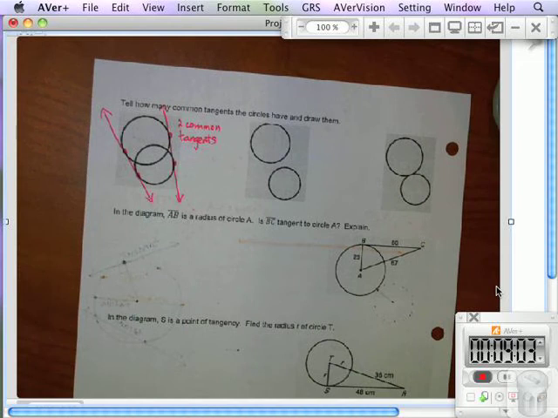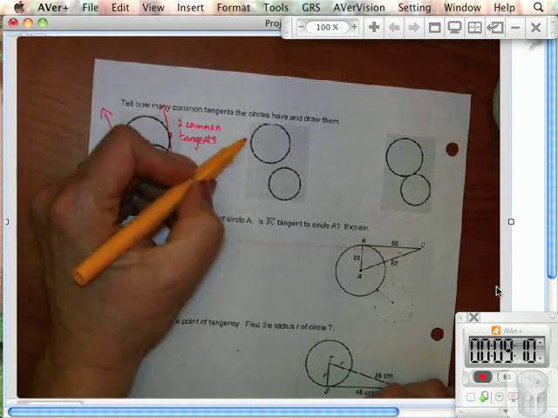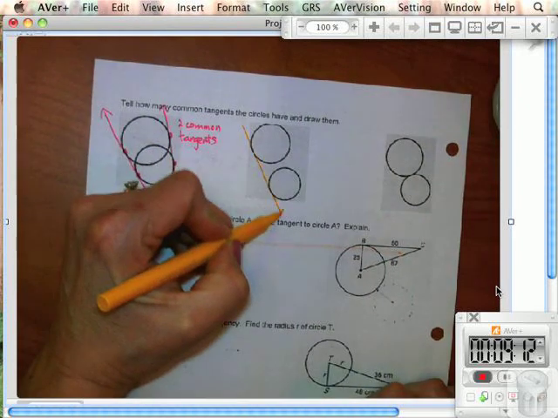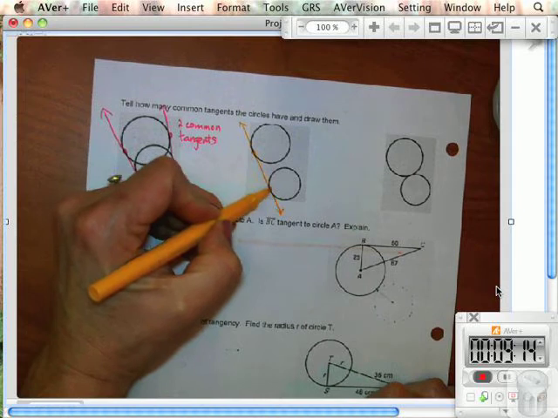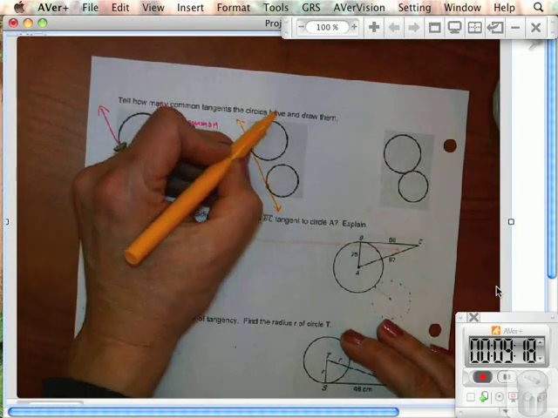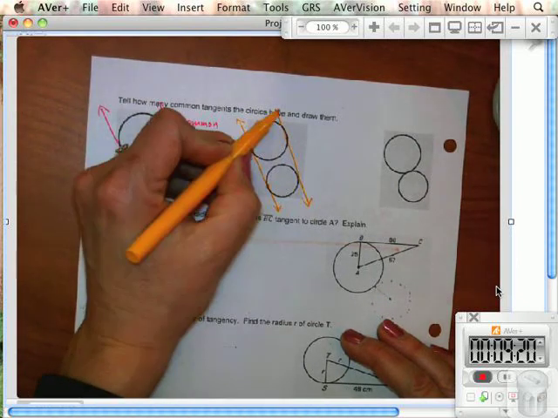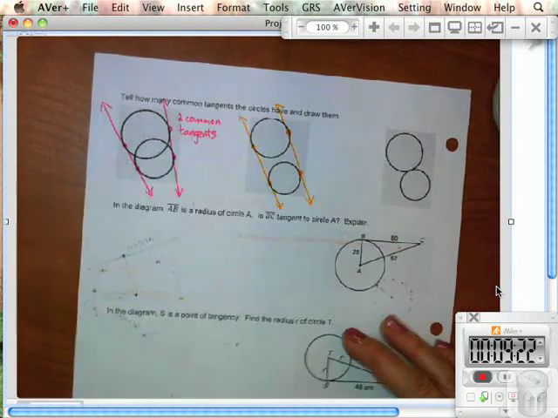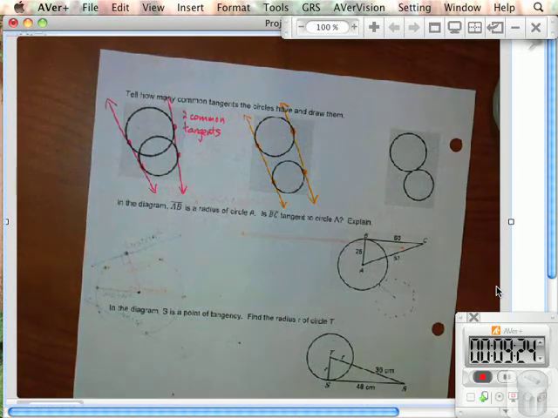Okay? All right, this next picture, can we draw those same two lines, basically? We can. That tangent line hits both those circles in one spot. We can do the other side as well. Oh, but there's more. We could do a diagonal inside here.